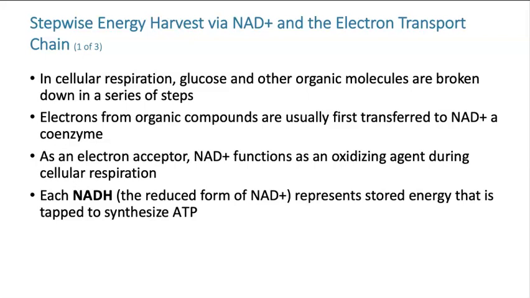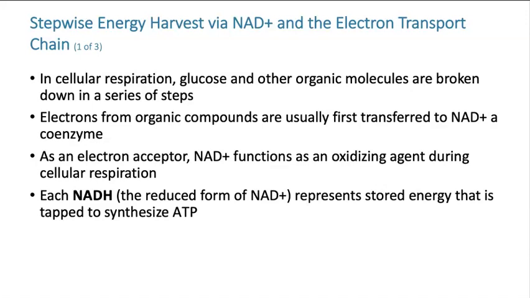Now, another really important concept here is that energy is going to be harvested in a very stepwise process. And the intermediary here is going to be NAD+. NAD+ is essential for this harvesting of energy, as is something called the electron transport chain. So again, we're just doing a heads up and some background here on NAD and the electron transport chain.